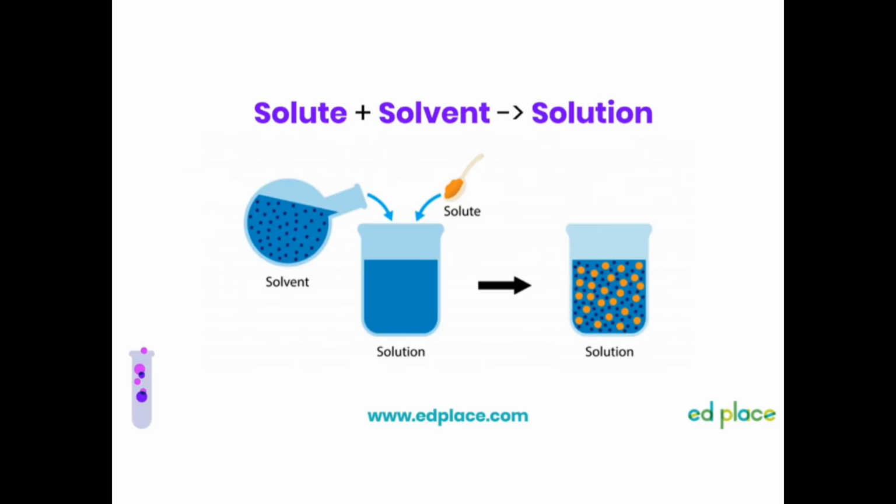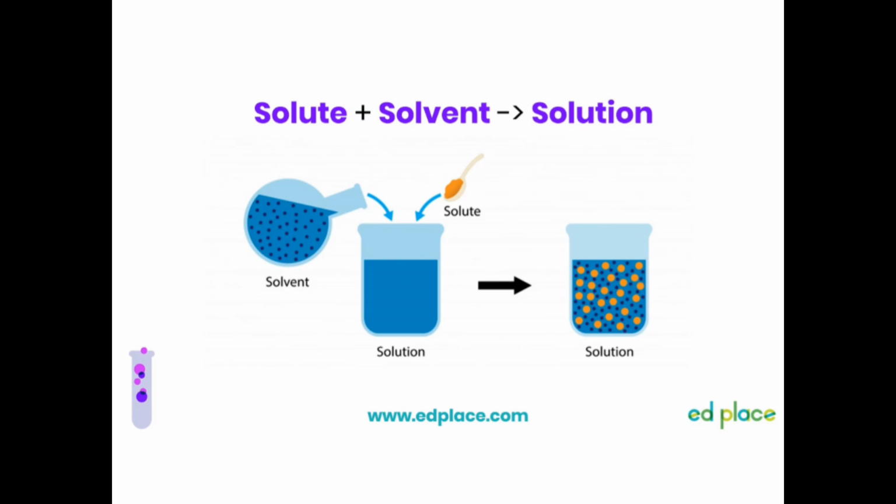Now, a solution is usually made up of two components, which are the solute and the solvent. For example, the solute is usually a solid, while the solvent is usually a liquid, but it can be more. You can have gaseous solute and solvent and the likes. But usually, the solute is the one that is being dissolved, while the solvent is the one that is dissolving.